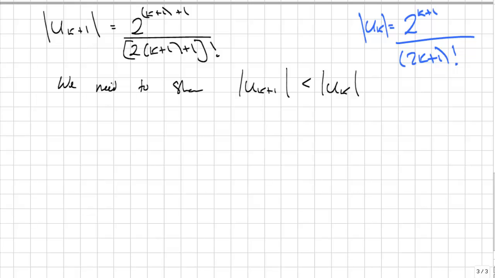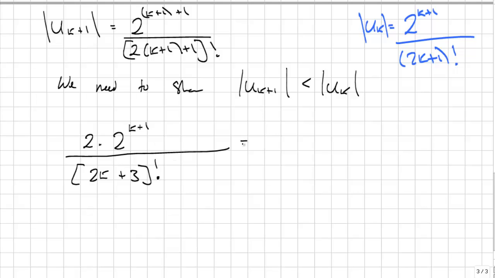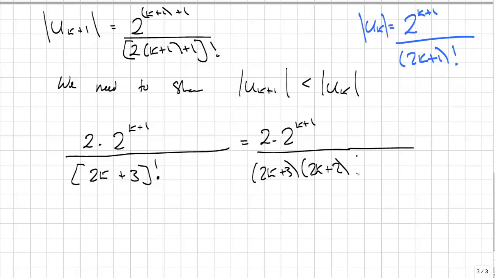So I'm going to rewrite this now and say that is the same as 2 times by 2 to the k plus 1, and underneath I'm just going to for now write that down as 2k plus, well 2 times 1 is 2 plus 1 is 3 factorial, and that itself then equals 2 times by 2 to the k plus 1 over, okay, that's 2k plus 3 times 2k plus 2 times by 2k plus 1 factorial.